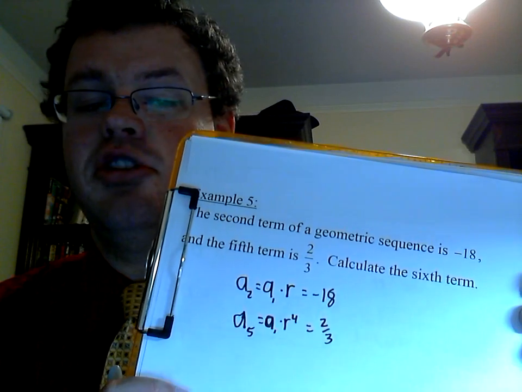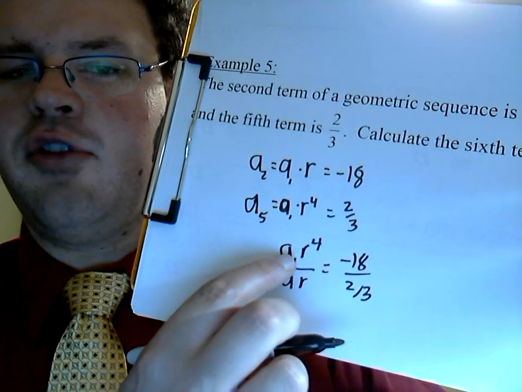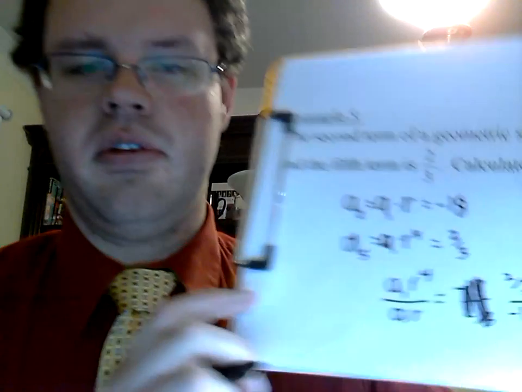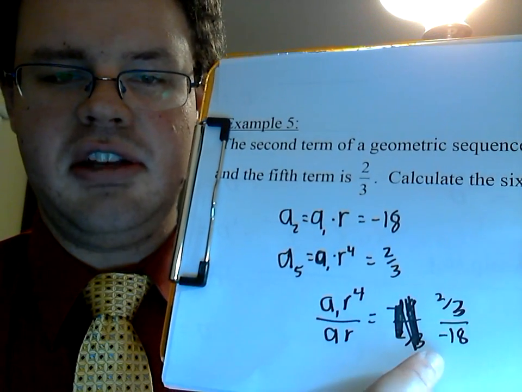One sneaky thing we could do is try dividing the equations. I did that upside down. It's 2/3 over -18. a1 r to the 4th is 2/3, and a1 r is -18.